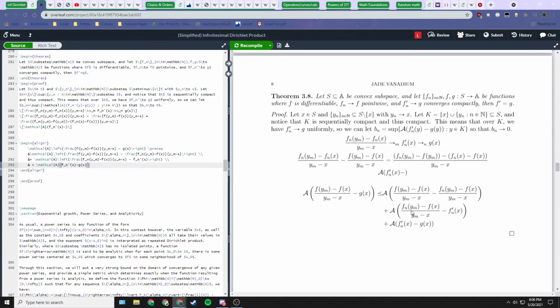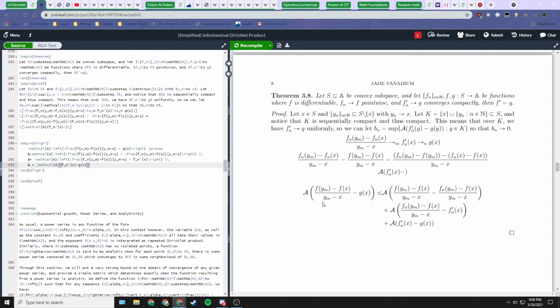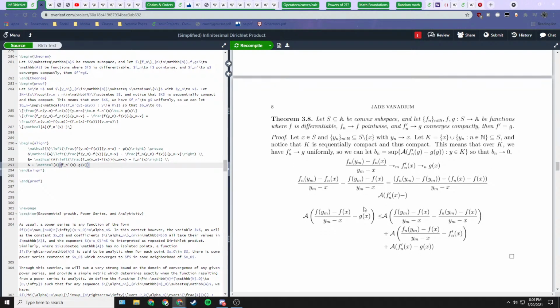This will go to 0 with what terms, actually? We want to do a limit in terms of y as y goes to infinity. We want to show this goes to 0. So this fraction will at least always be defined, because we do know that f of x is differentiable.